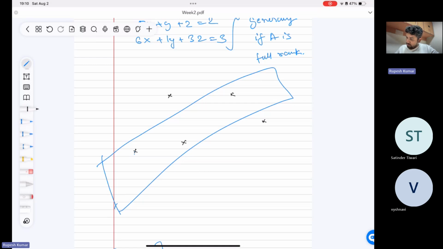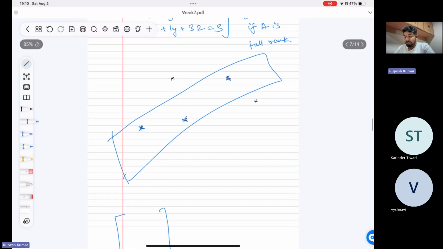We can choose any 3 points that lie on the plane, but the other two do not. So you will always get this kind of situation where only 3 points will lie on the plane, the others will not, right? These blue ones are on the plane, the black ones are not on the plane. So this is an overdetermined system of equations. You will never get a plane that will satisfy all the points.